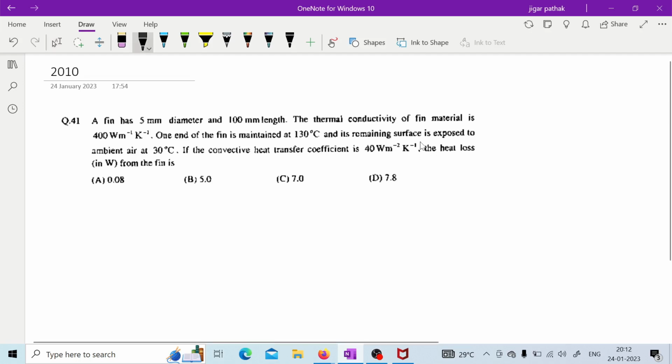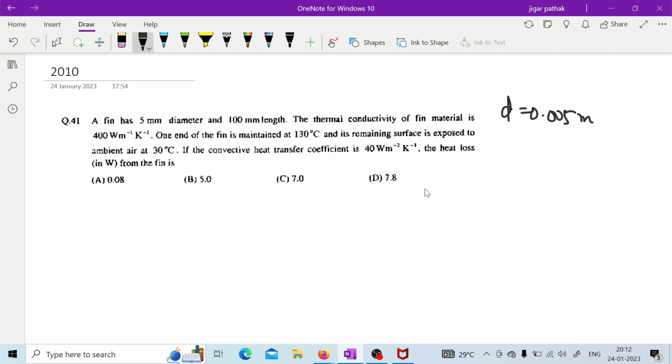Under case 3. Yes, here d is given as 0.005 meter, right? 5 mm is 0.005 meter. Then the area you can calculate, it is pi by 4 d square. So if you calculate, what will it be?